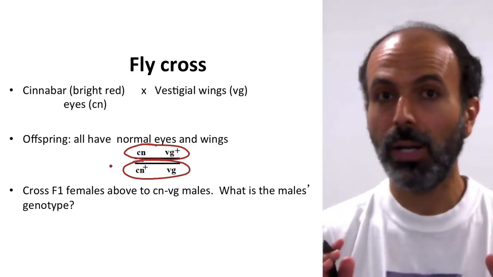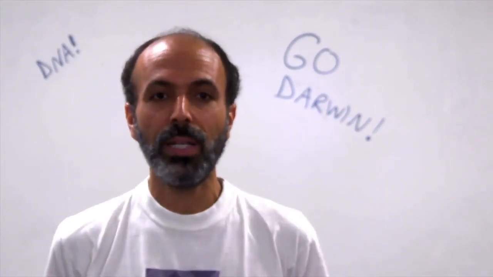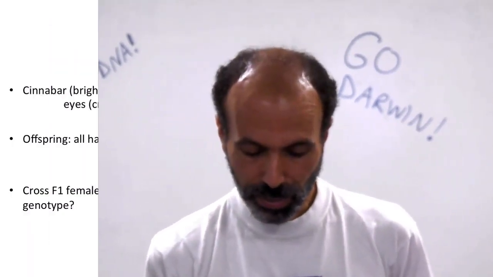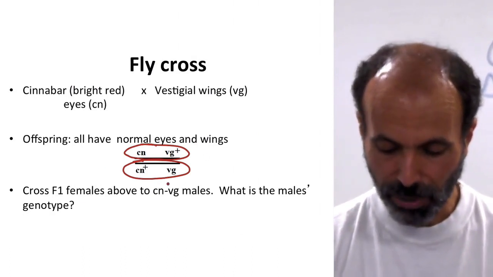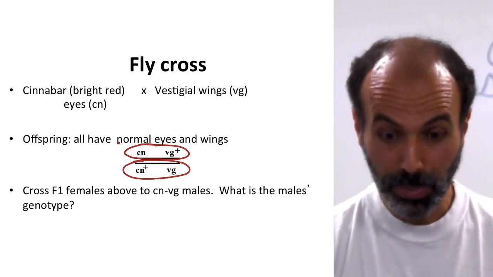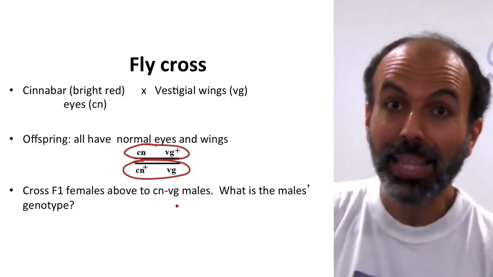This is the combination. Now, we're going to assume that these are actually on the same chromosome, which they are, but let's just assume that we're guessing that. Now let's say we cross F1 females, these offspring up here, to males that have the cinnabar mutation and the vestigial mutation.